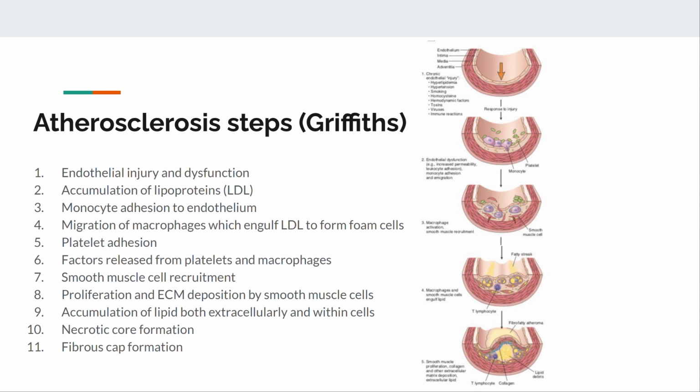Essentially, this accumulation of LDL lipids and extracellular matrix proteins start to accumulate extracellularly and within cells, and you start to get a necrotic core forming. And then finally you get a fibrous cap forming on the top, which protects the atheroma.